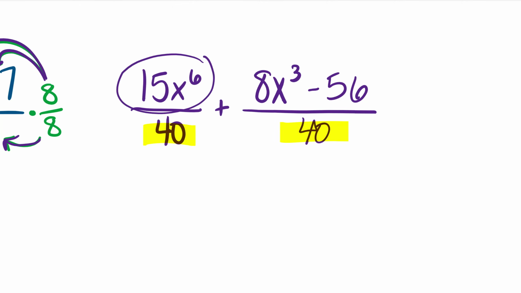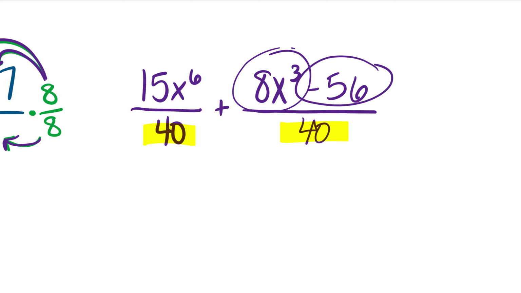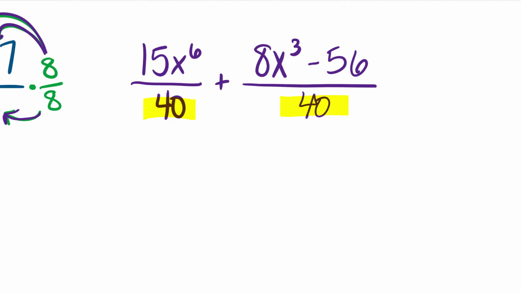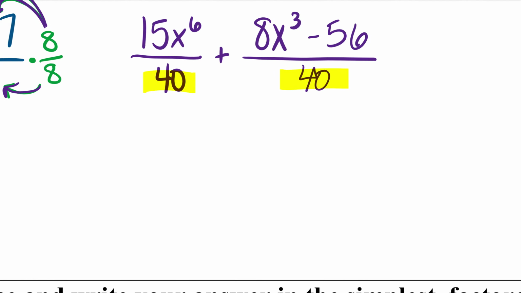I have 15x to the 6th, I have 8x to the third, and I have minus 56. If I look at these, none of these are like terms. So in fact, on this question, for my answer, I would just write them in order from highest to lowest, though it doesn't really matter. I just keep them separate.